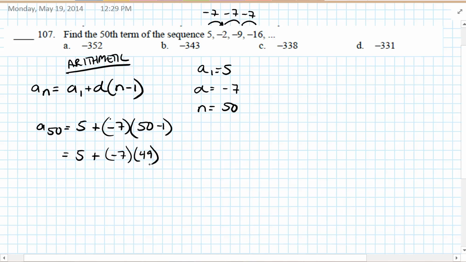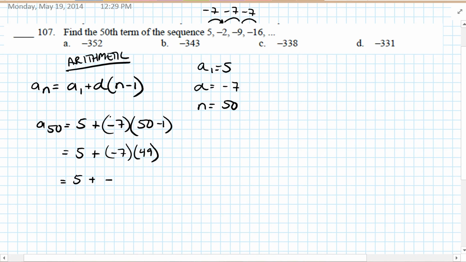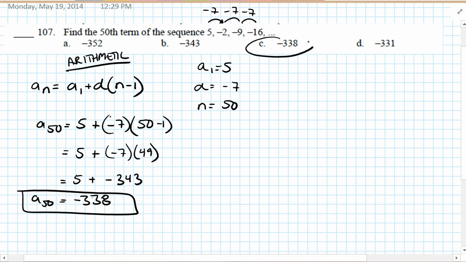Okay, so negative 7 times 49 would be negative 343. 5 plus negative 343, which if you add those together would be negative 338. So my 50th term is negative 338. So the answer is C.